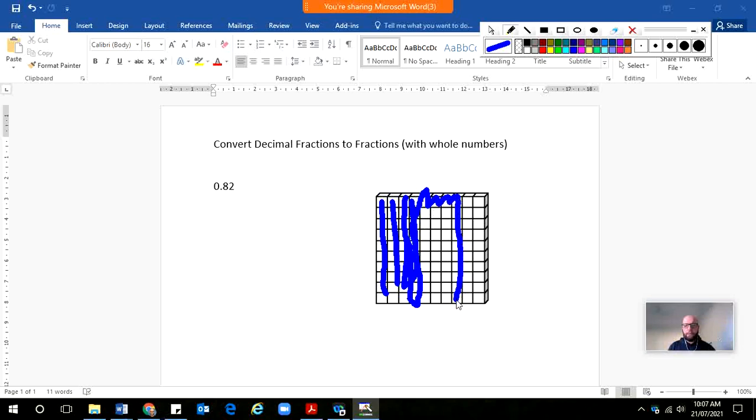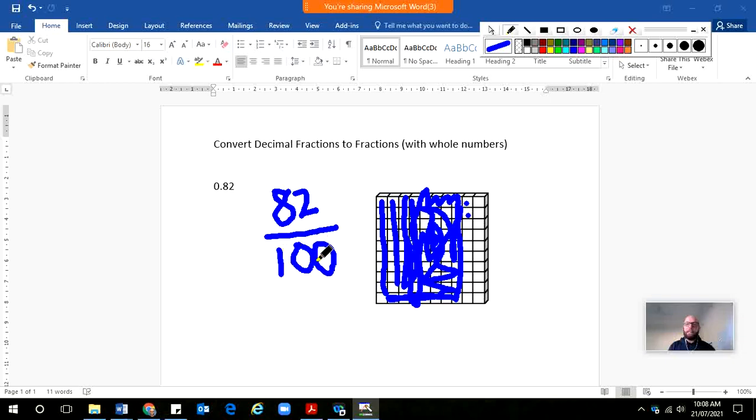So all of these would be shaded in. And then we've also got two more there. So that's 82/100ths. And if we were to write that in fraction form, we know this whole is broken up into 100 pieces, and we've just shaded in 82 of them, so that's why we can write it like that.